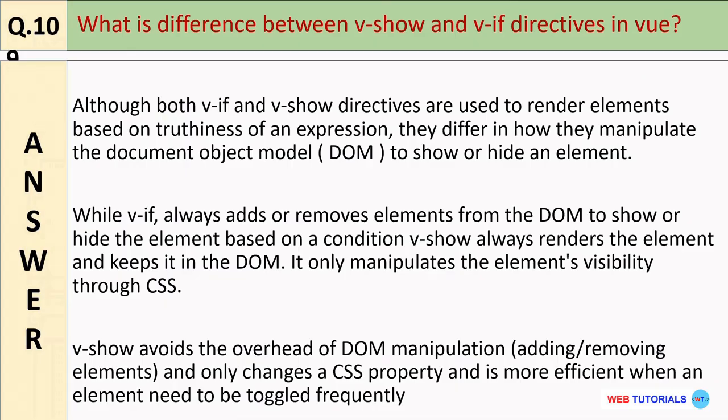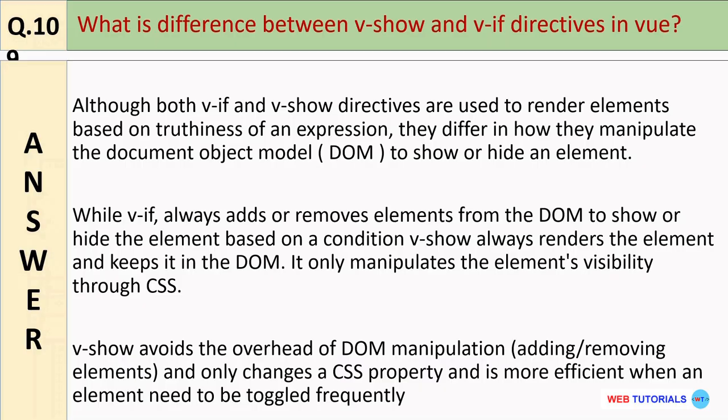What is the difference between v-show and v-if directives in Vue? v-if and v-show directives differ in how they manipulate the document object model or DOM to show or hide an element. v-if always adds or removes elements from the DOM to show or hide the element.